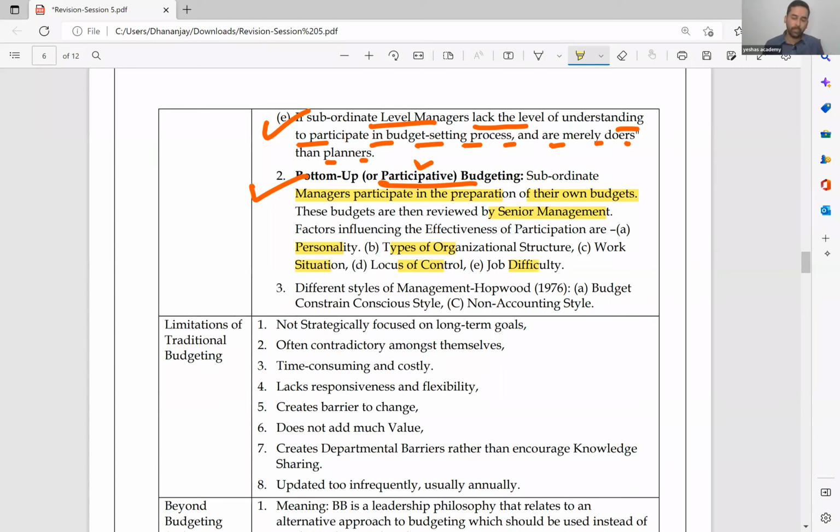Understanding? Most of the times it is easy to say participative budgeting is more scientific, but in exam you should always write the challenges. They may not have the level of understanding, the quality to be a leader in the company. If you lack that quality, then as a subordinate manager, you will only think about 2% of the overall company.